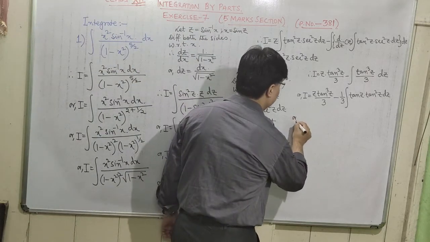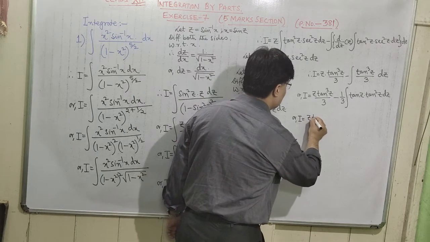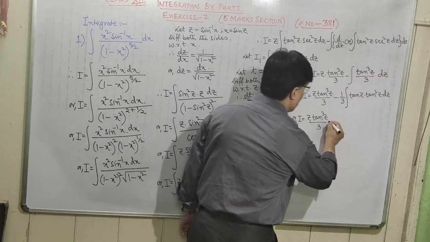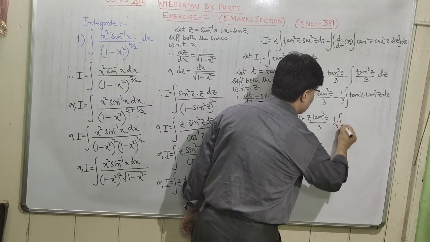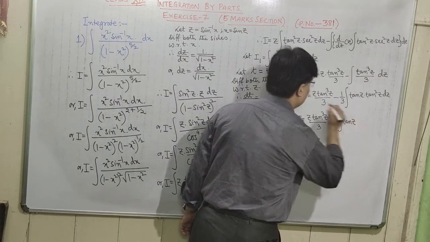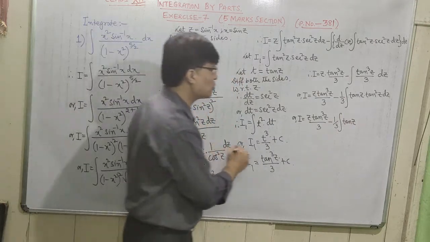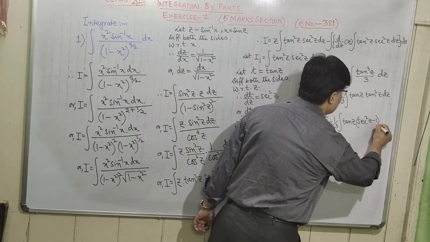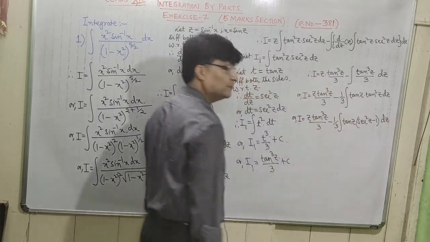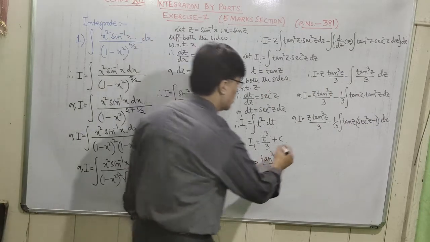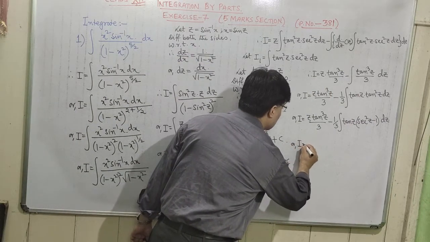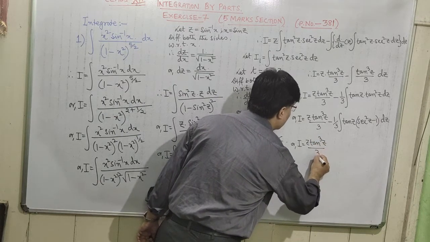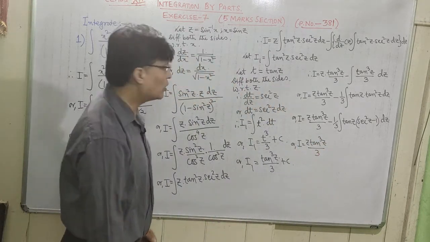So let us write here I is equal to z. This is your tan cube z upon 3 minus 1/3 integration of, this is your tan z. Right? What is tan square z? It is sec square z minus 1, bracket close, dz. Is that clear now? So or I is equal to, now this is z tan cube z upon 3. Is that clear to all of you?